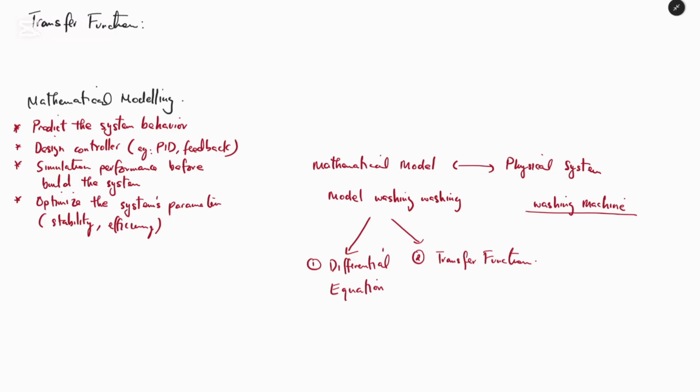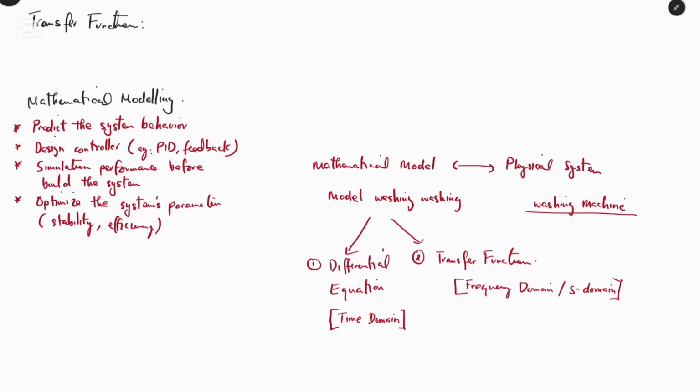The important thing to differentiate between a differential equation and a transfer function is that if we want to model a system using a differential equation, we are dealing with variables in the time domain. And when you talk about the transfer function, it is in the frequency domain, or we normally call it the S domain.